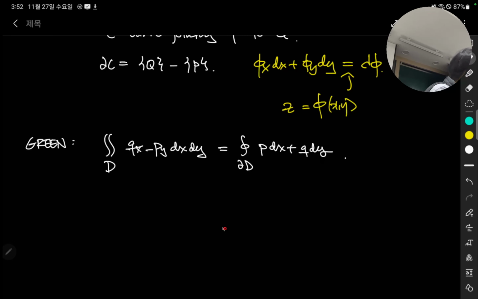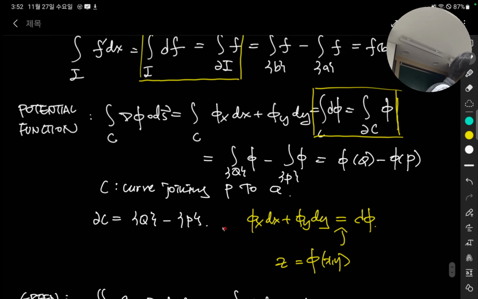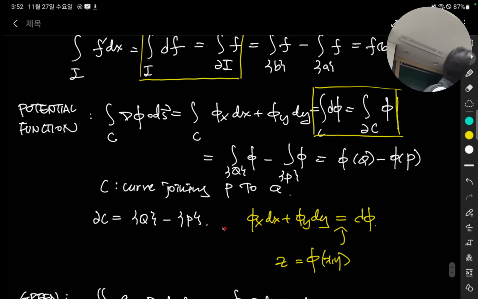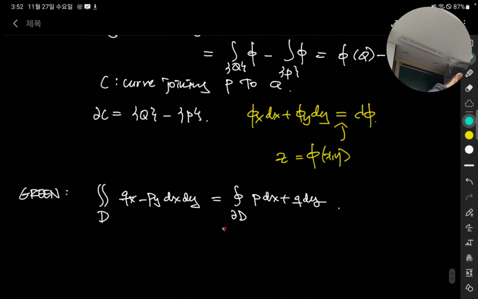Okay, how should I interpret this? When you think about the fundamental theorem of calculus and the line integration here, you can think about this as something on the right that is differentiated to make up the integrand on the left. So the same thing applies here.